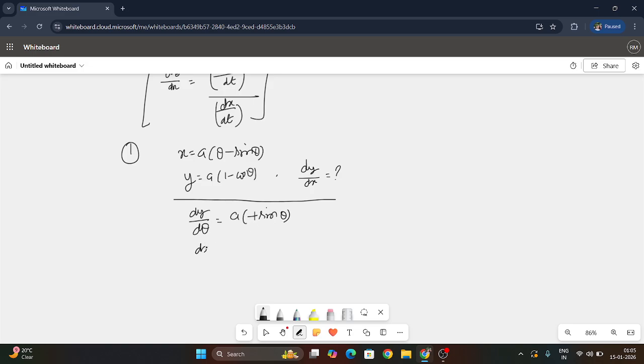Okay, and dx by d theta is going to be what? a times 1 minus cos theta. Now you can put all these values here.